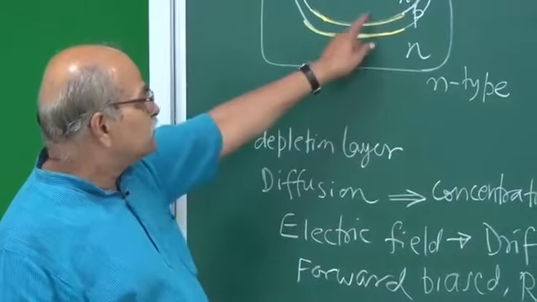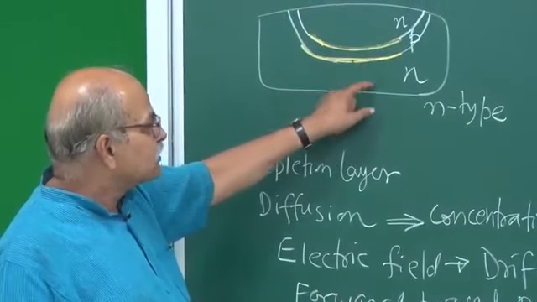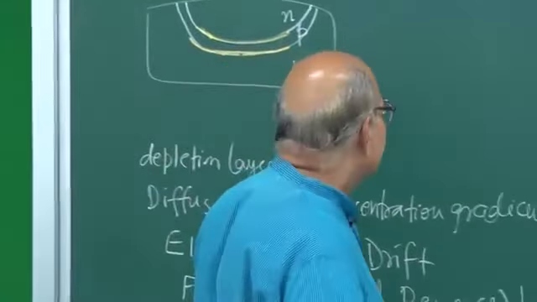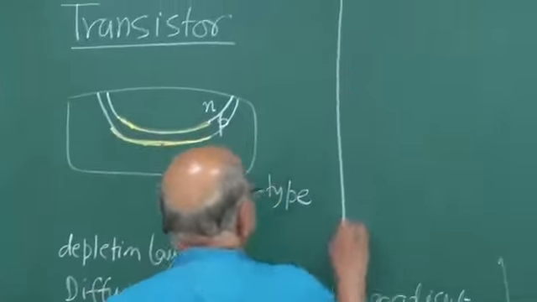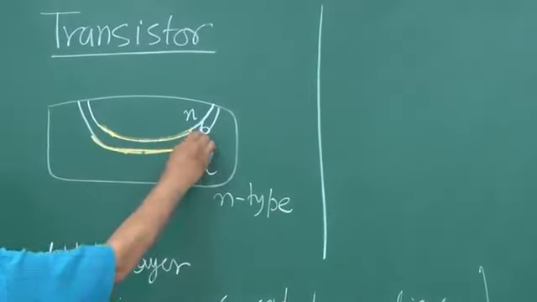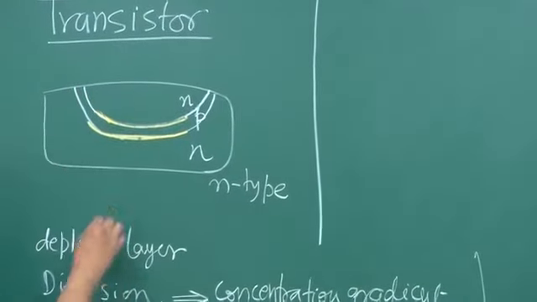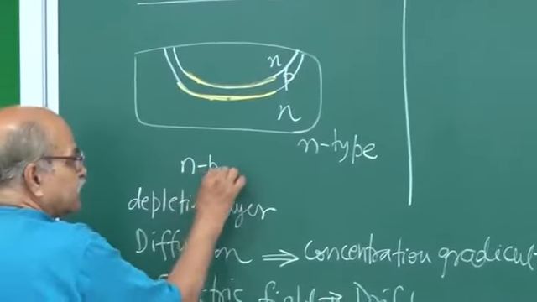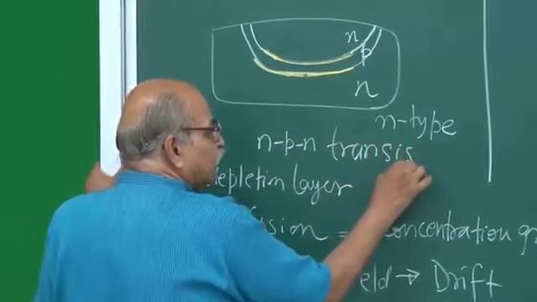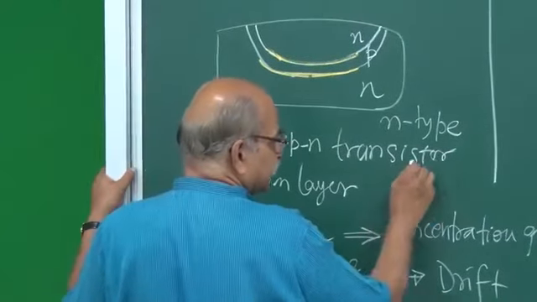So there are some geometrical and doping characteristics to make it a transistor and give it the properties of a transistor, and that is this middle region, this p here. Okay, by the way, this is called an NPN transistor.